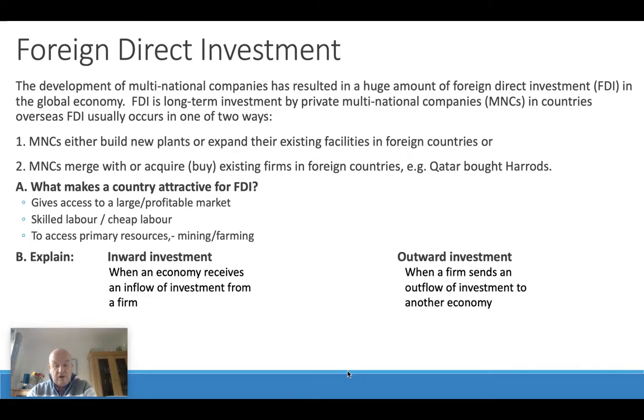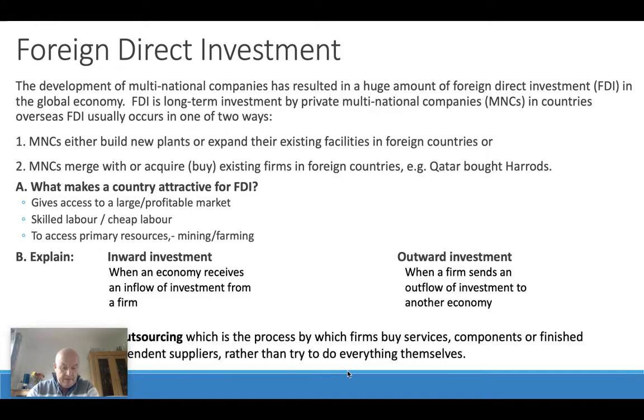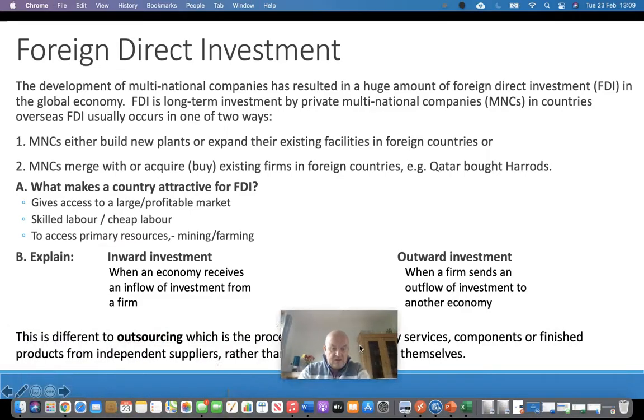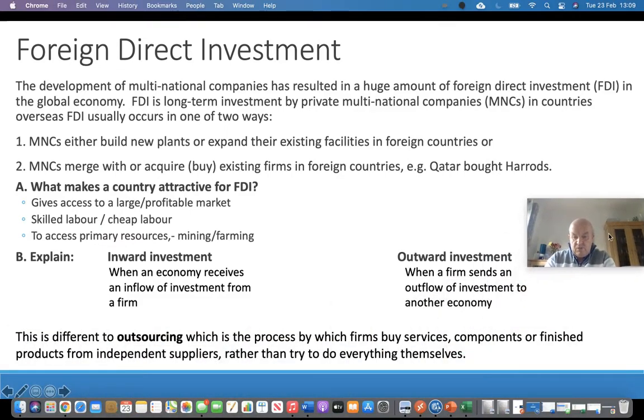So dependent on where that firm is headquartered, you could argue that if, let's say, a US company is deciding that they're going to invest in another part of the world, then clearly that would be an outflow from the US into another economy. So that's quite an important principle to remember.